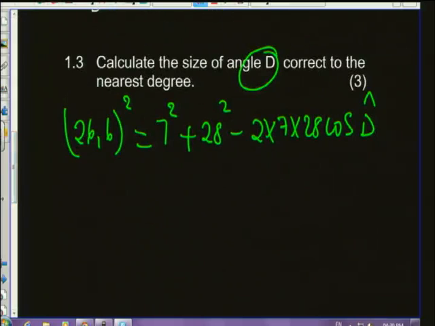To make cos the subject of the formula, I need to transpose that. So I need to get that to the left-hand side and divide by negative 14 times 28.